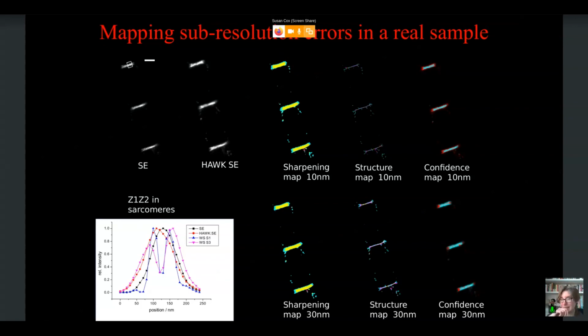So we are getting hints that we have an incorrect structure identified, that we are missing something below the resolution limit. So I think this could also be helpful. It could give you a hint if there's something that you're missing below your super resolution, and it could be a hint that maybe you could gain from optimizing your experiment.